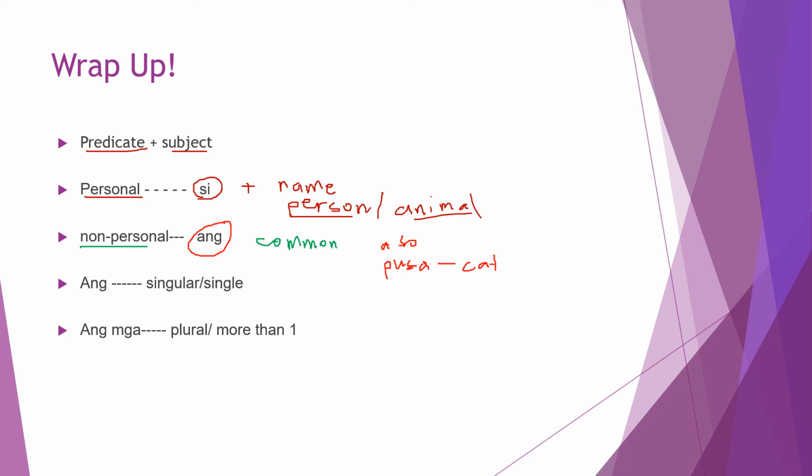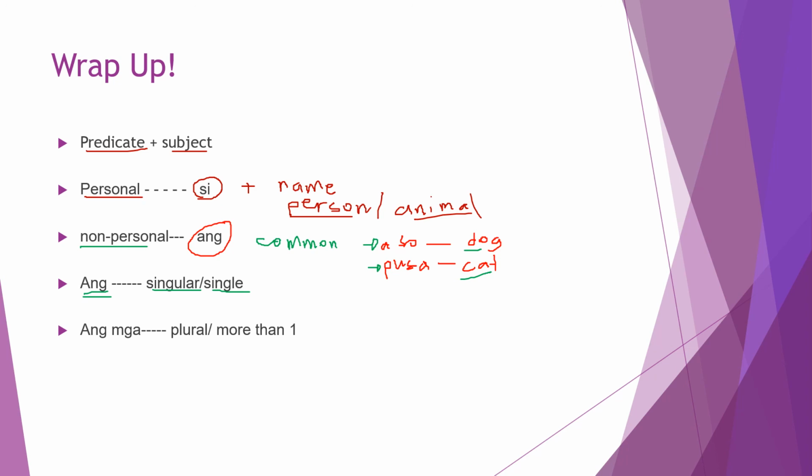And again, what's the meaning of aso? It's a dog. That's correct. The next one is the word ang. Okay, ang shows singularity, just only one. It's single. Ang pusa, ang aso. It means only one cat and a dog.